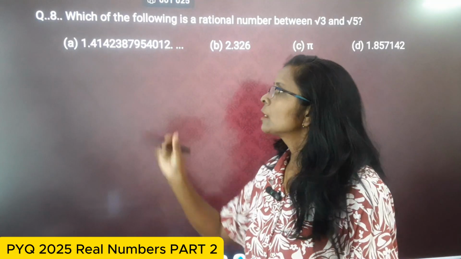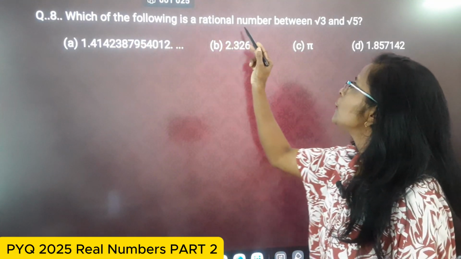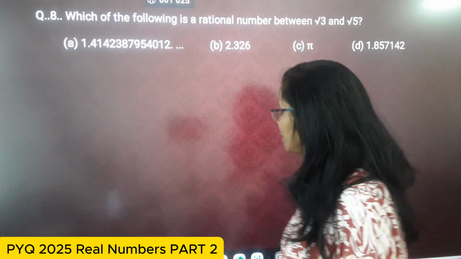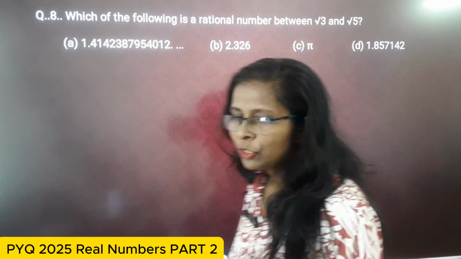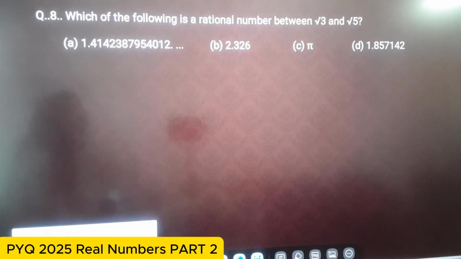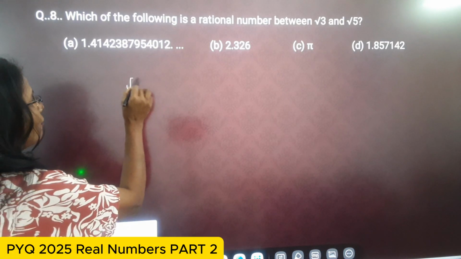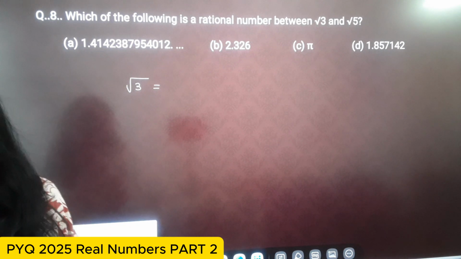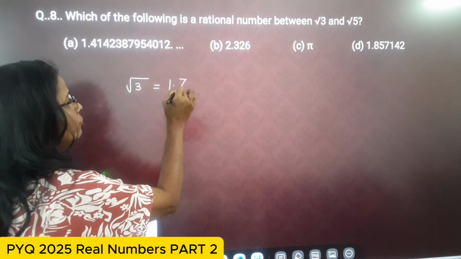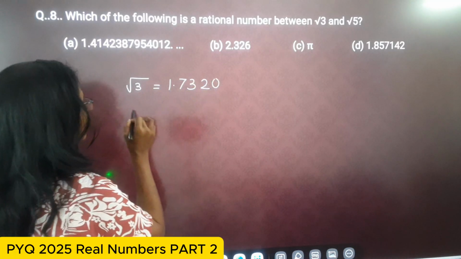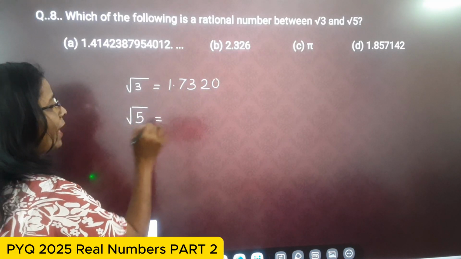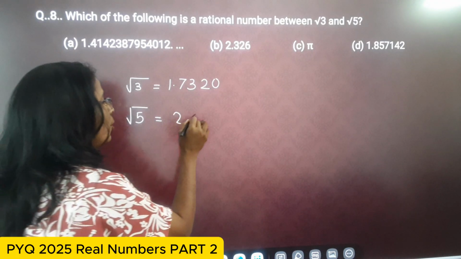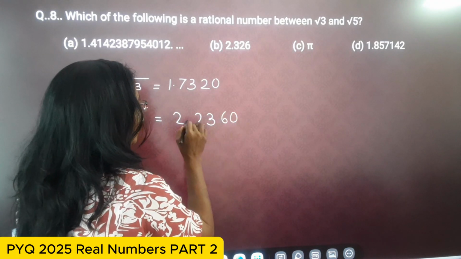Question 8, students. Which of the following is a rational number between root 3 and root 5? The value of root 3 is 1.7320 and the value of root 5 is 2.2360.